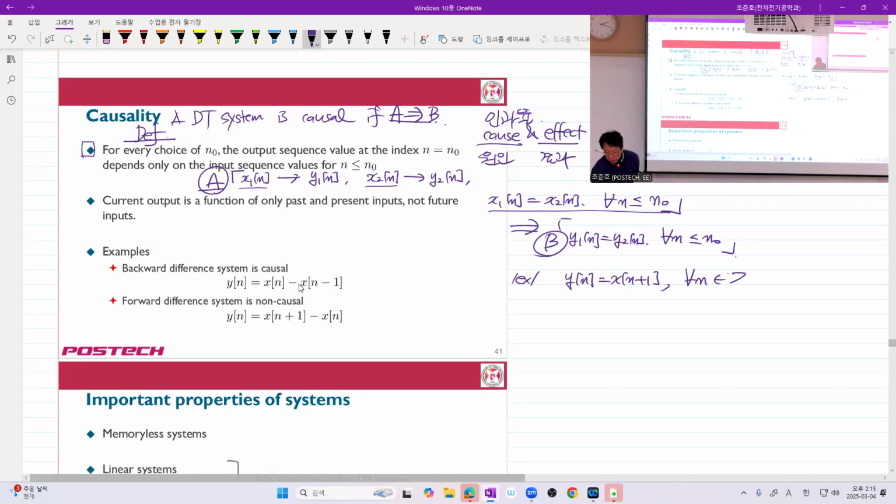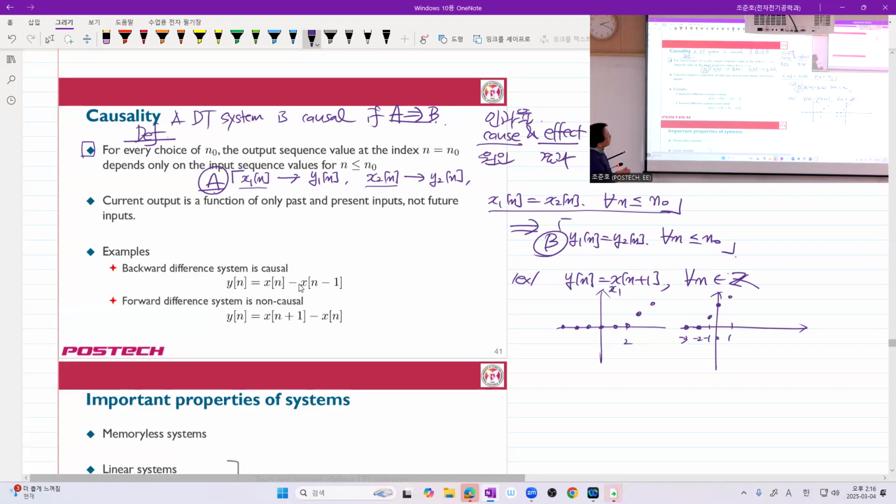Now, if this system satisfies the statement A implies B, we may consider two inputs, something like this.